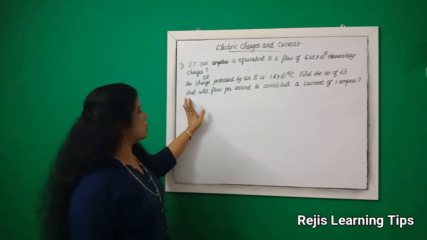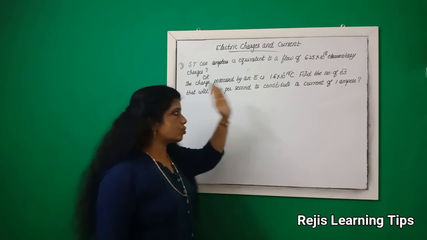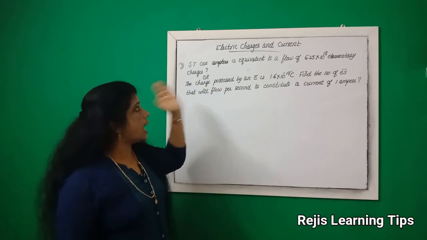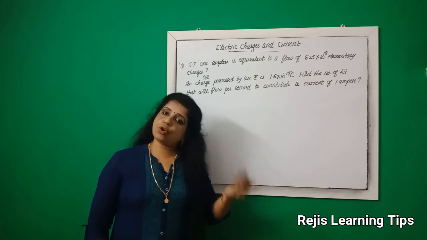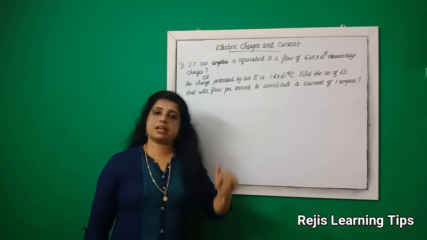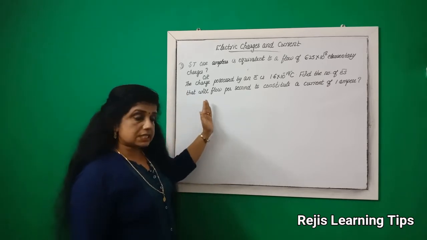Find the number of electrons that will flow per second to constitute a current of 1 ampere. Here 1 ampere is equal to the flow of 6.25 into 10 raised to 18 elementary particles. Here the meaning is the same.